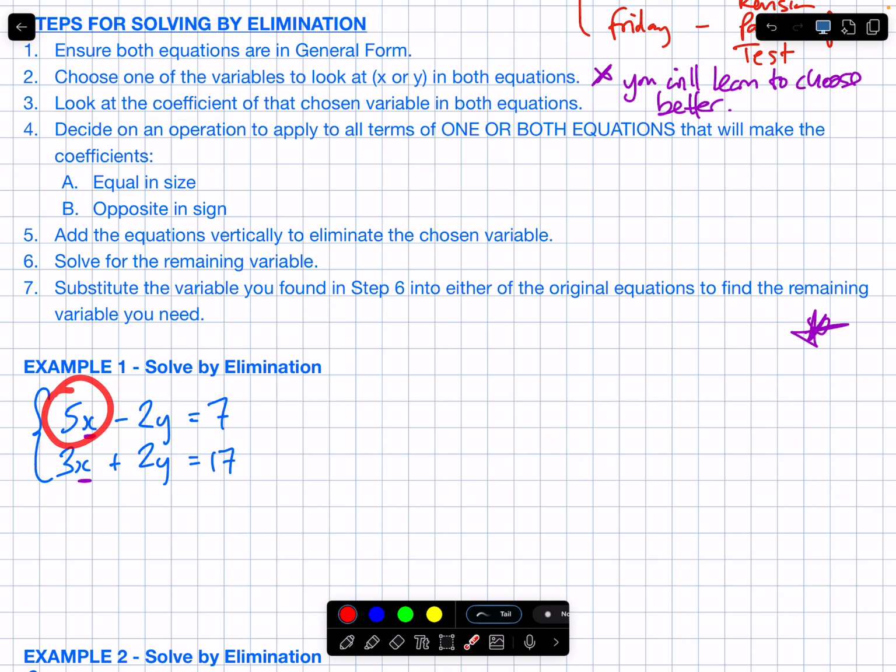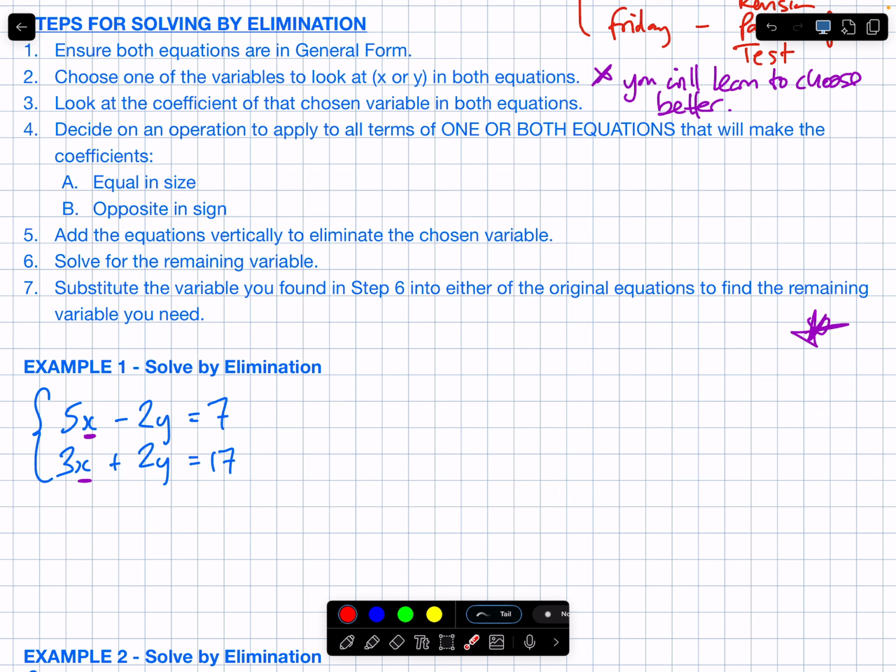What's the coefficient of the top x? What's the coefficient of the bottom x? Good. So you've looked at those. This is the hardest step. Step 4, decide on an operation to apply to all terms of one or both equations that are going to make the coefficients equal in size and opposite in sign.